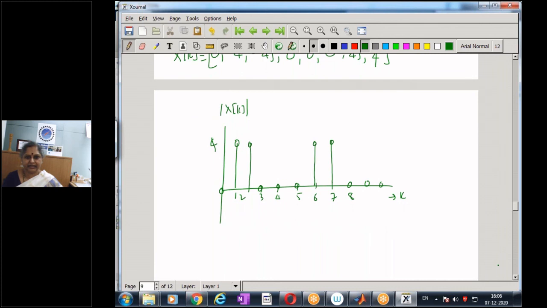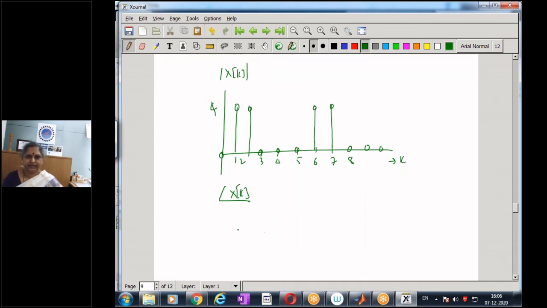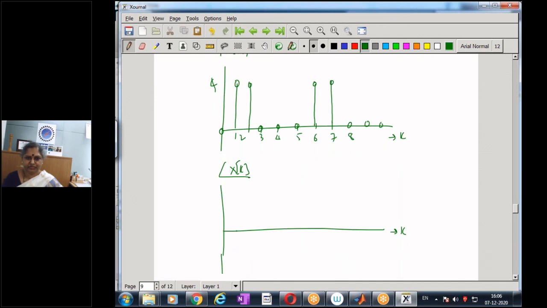Similarly, if I take the angle of x of k, for 1, it is a 0. For 2, the angle is minus pi by 2, and then all zeros. And at 6, again an angle of plus pi by 2, and all 0.